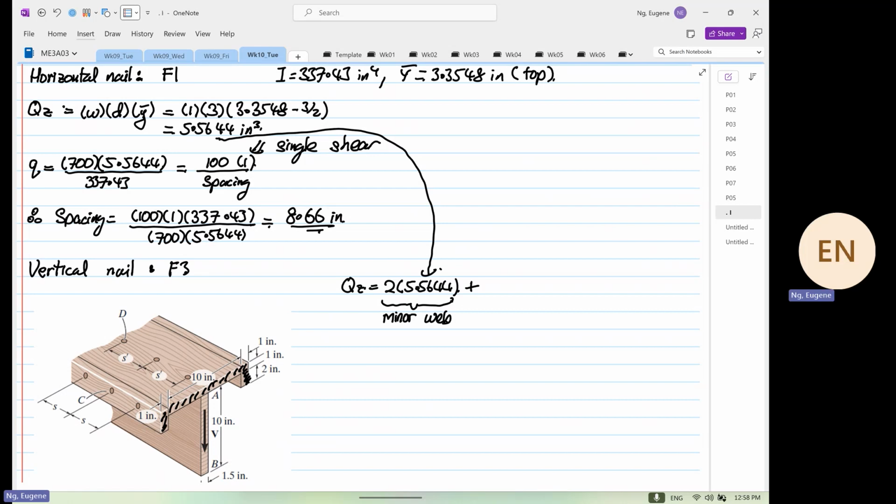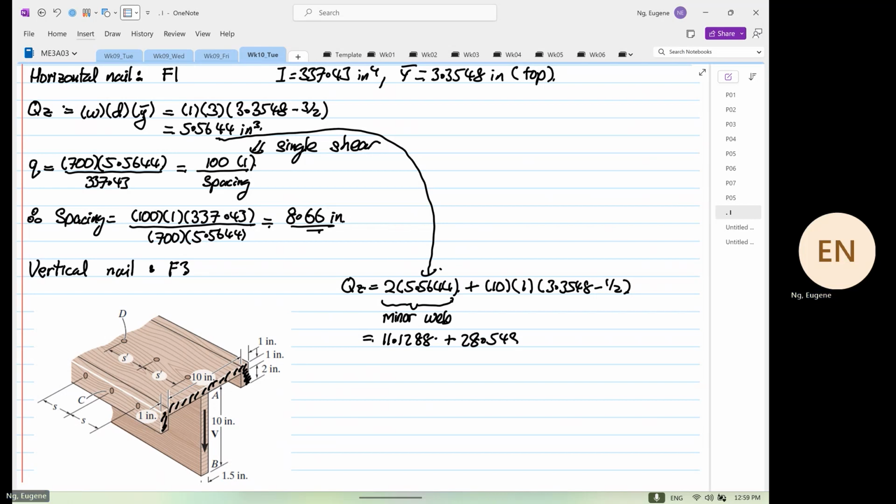Okay, then plus the width is 10, the depth is 1, and then you have 3.3548 minus 1 over 2. So this will be equal to 2 times 5.5644 plus 3.3548 minus 1 over 2 times 1 times 10.